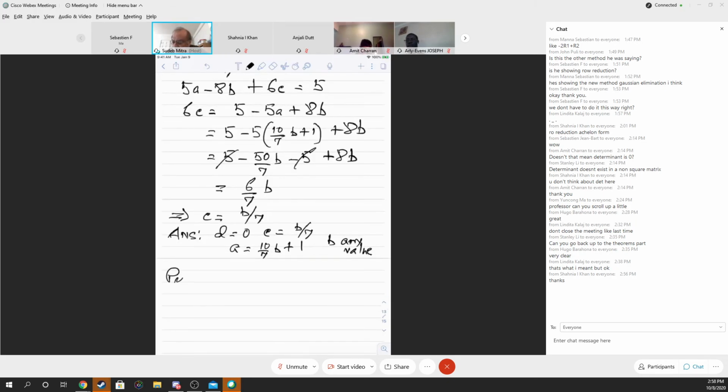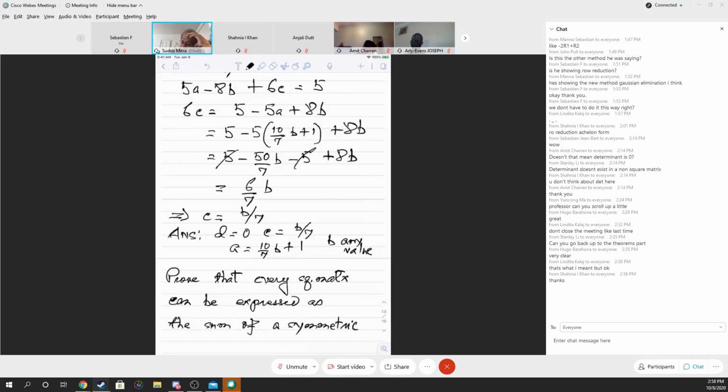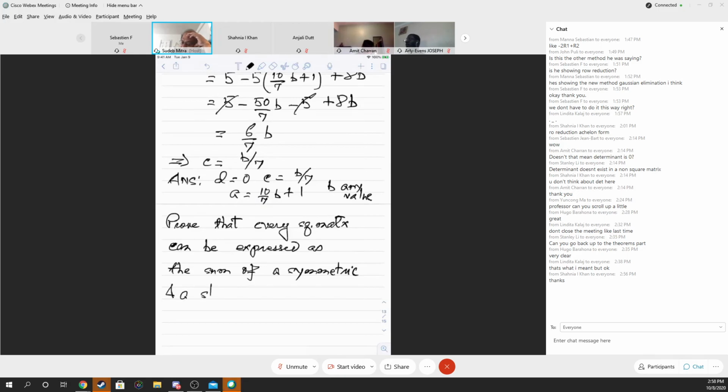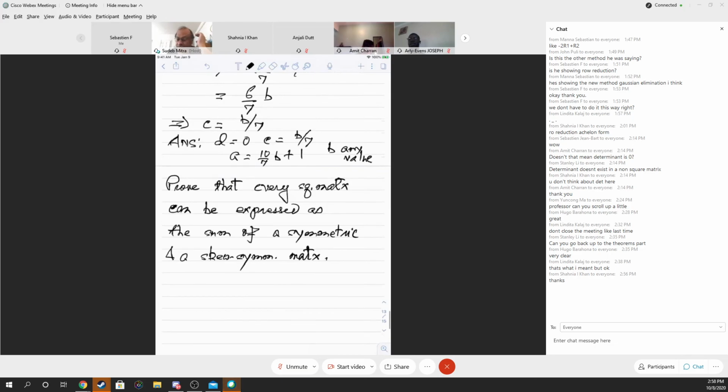Prove that every square matrix can be expressed as the sum of a symmetric and a skew symmetric matrix.